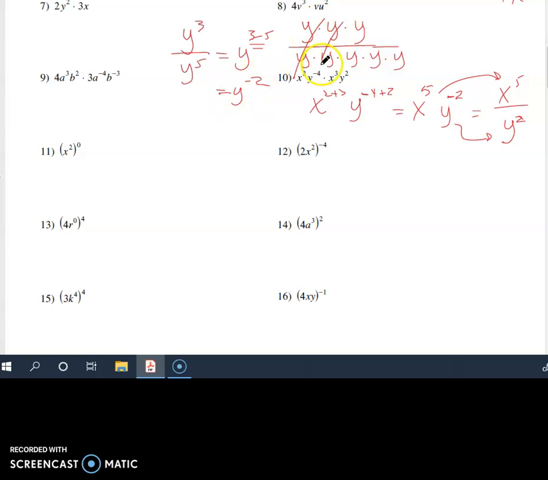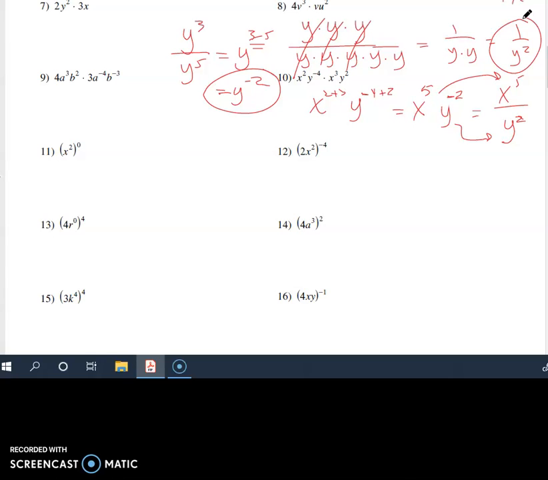But if I actually simplify the problem by making 1's, what I end up getting is 1 over y times y, or 1 over y squared. So y to the -2 is the same as 1 over y squared, because the -2 is telling me that the leftover y's are actually in the denominator, not in the numerator.